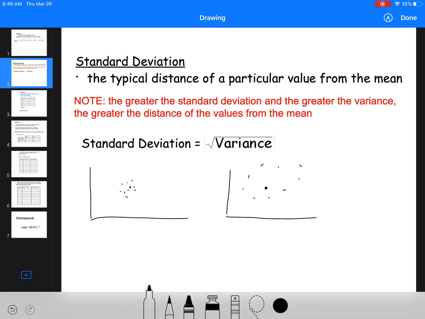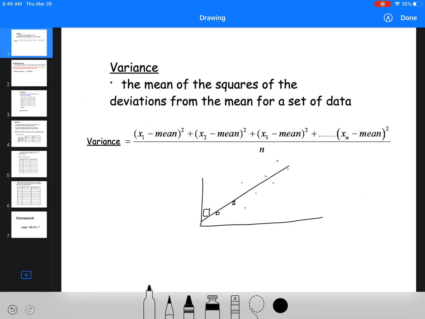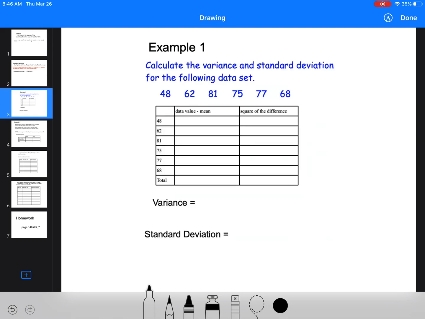To calculate the standard deviation: standard deviation is the square root of the variance, and the variance is this big long formula. But really what we're going to do is make a chart. Okay, so the first thing we need to do is create the chart. We have the data minus the mean. So we need to find our mean value.